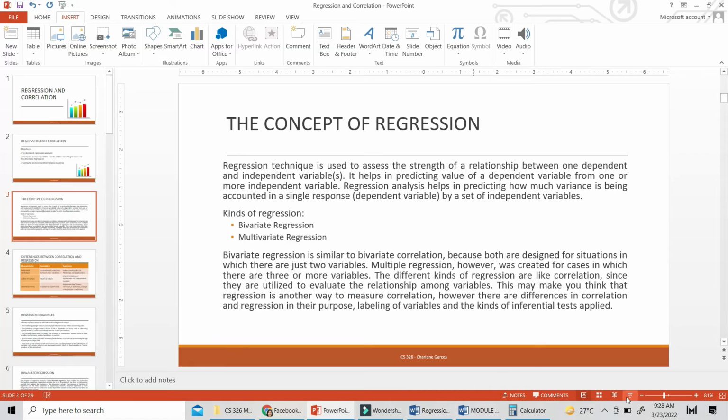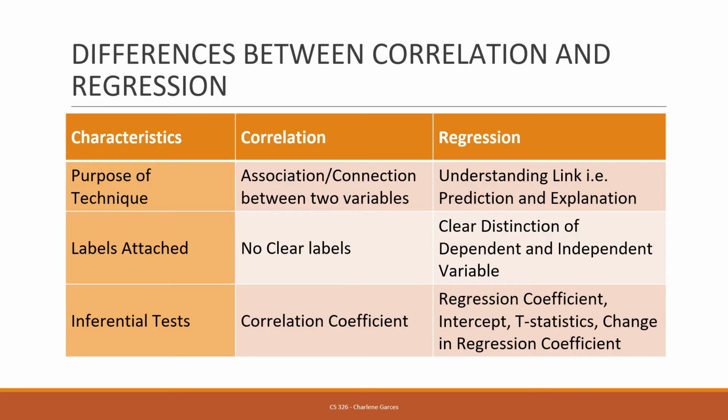Now, going back to the concept of regression, which involves a lot of things. So we have the difference between correlation and regression. So when you say correlation, we have the characteristic, the purpose of technique. So we call correlation and regression a type of technique. And we also have the labels attached and then the inferential test. So when we say correlation, when it comes to purpose of technique, it is mostly on the association and connection between two variables.